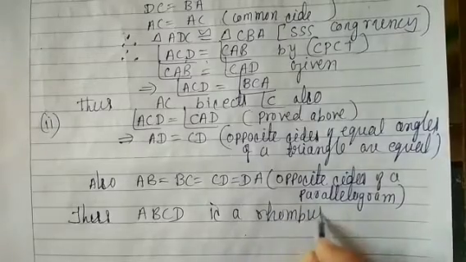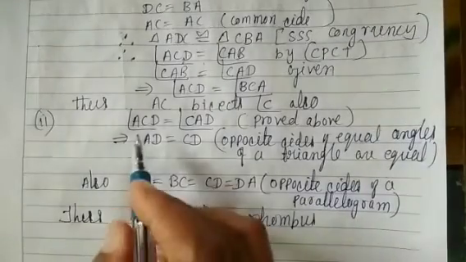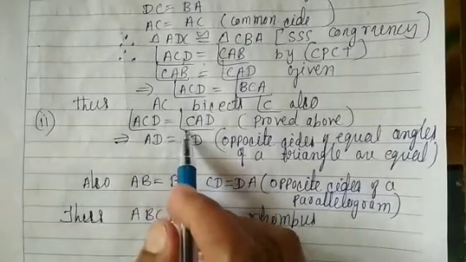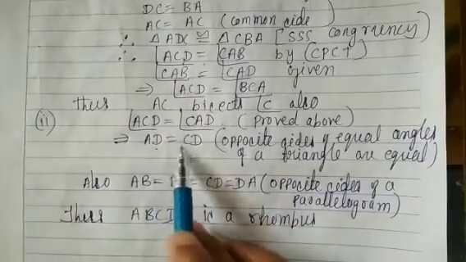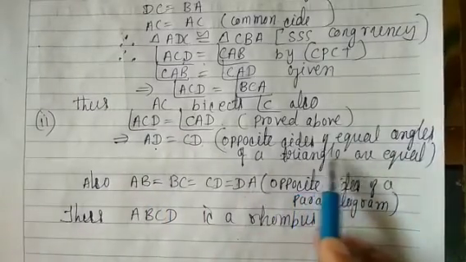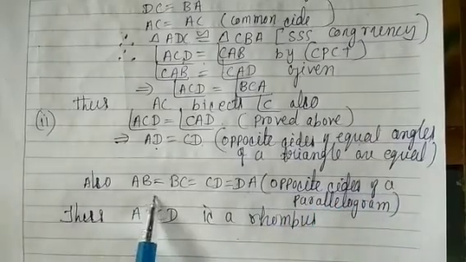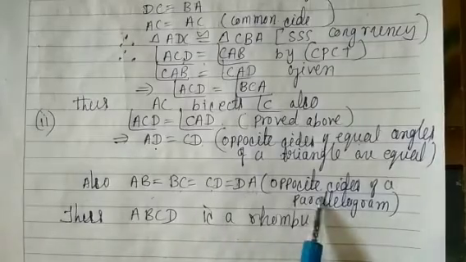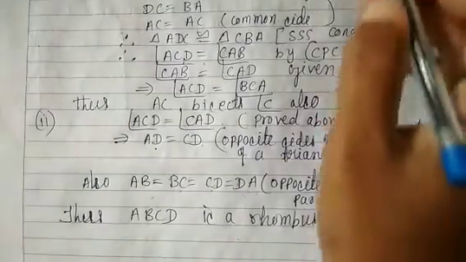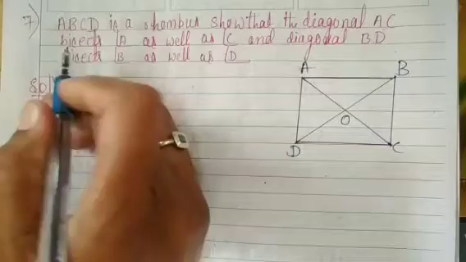Once again, I will explain the second part. Angle ACD is equal to angle CAD, proved above. AD is equal to CD, sides opposite to equal angles of a triangle are equal. Hence, AB is equal to BC is equal to CD is equal to DA, means opposite sides of a parallelogram. Thus, ABCD is a rhombus.